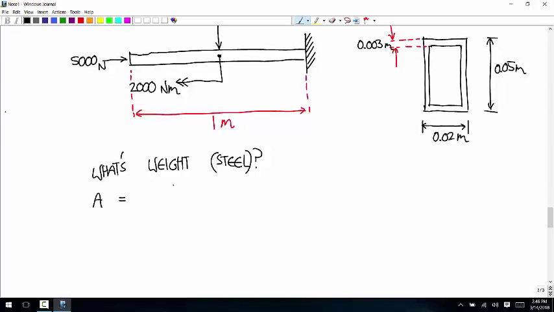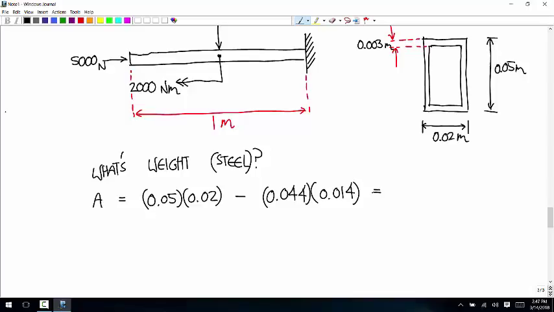That would be 0.05 times 0.02 minus 0.04 times 0.014, right?